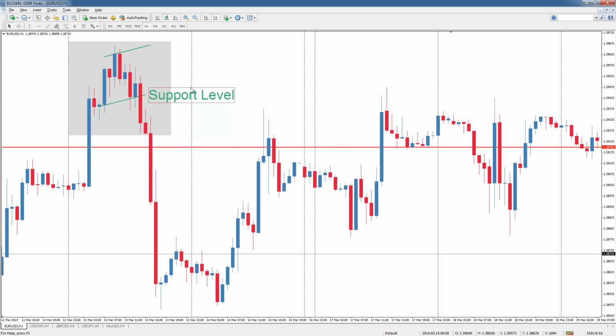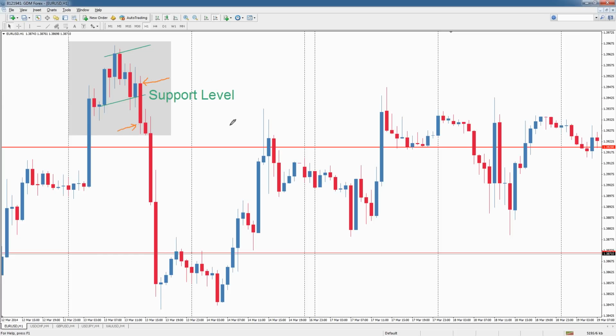So the lower green line can be considered as a support level. What I would call a confirmed breach is when I see a candle opening above this support level. For instance, here, this one is opening above it, then closing below it, all the way down here.